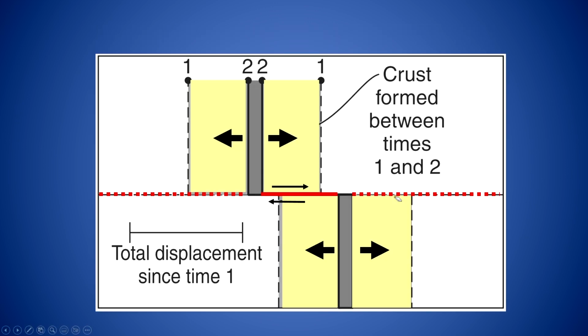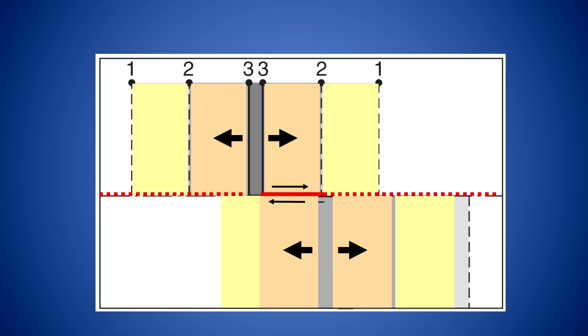If you look at the total displacement in terms of time, then, for example, the crust formed between time 1 and 2, you can see what the movement was exactly. This is further displacement of that.